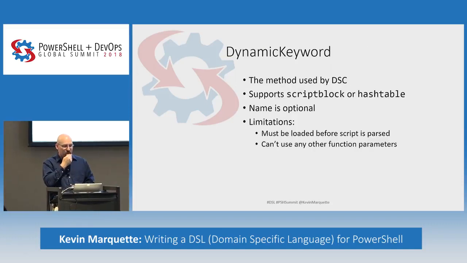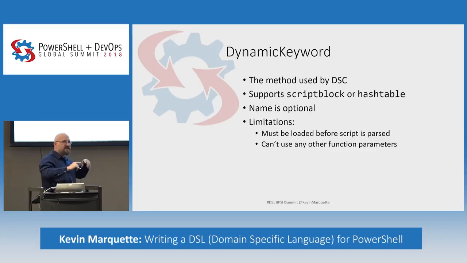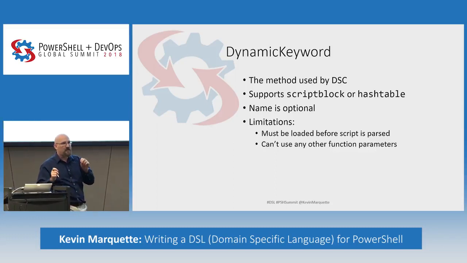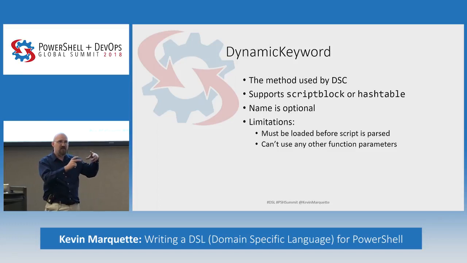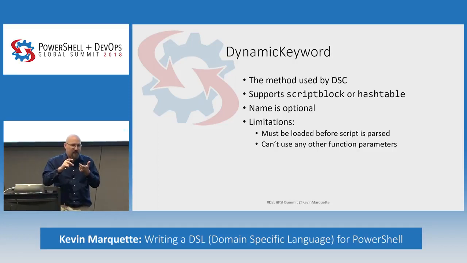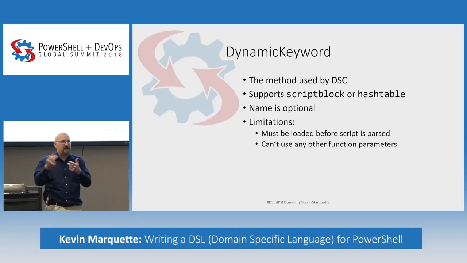The dynamic keyword. Okay. So this is kind of like classes in PowerShell in that it was implemented specifically for DSC to be able to do what it does well, and it's kind of fuzzy when you use it for anything else. What the dynamic keyword does is it takes your commandlet and basically allows the AST to treat it as a command.